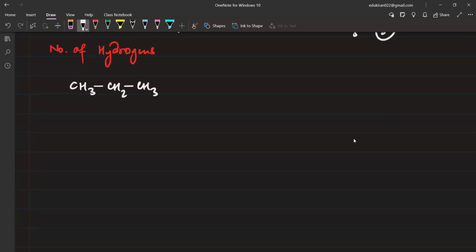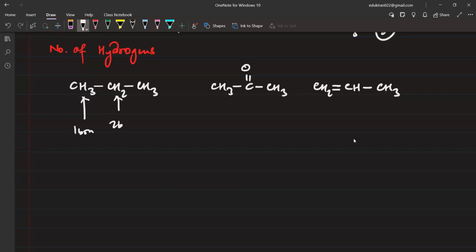Now, when you look at this type of structure, for example, if you have CH3, carbon, C double bond O, and then you have CH3, here you have CH2 doubly bonded with, let's suppose you have CH, single bond CH3. Fine. So when you have 3 hydrogens, then you have 1 bond that you can see. 3 hydrogens and 1 bond. When you have 2 hydrogens, you can see 2 bonds clearly.